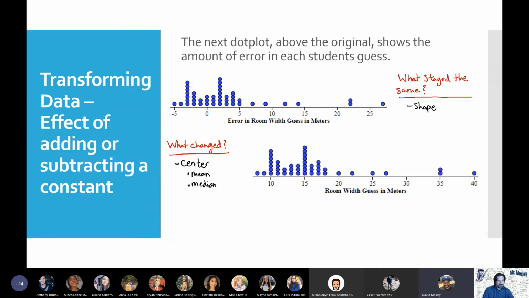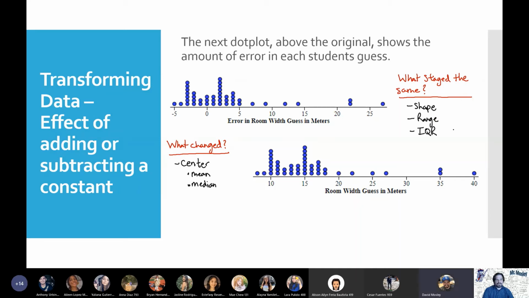And then we have 27 minus negative 5, which would also be 32. So as far as the value of the range, it stayed the same.